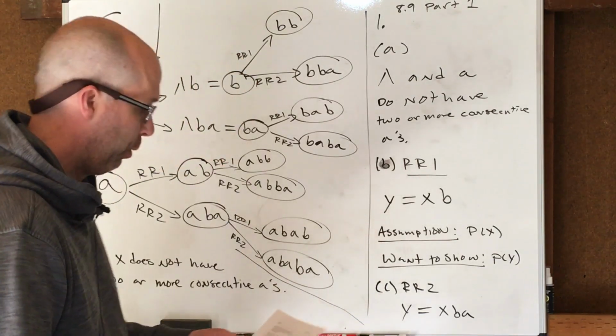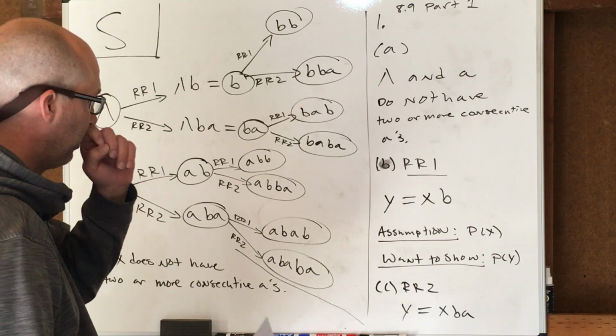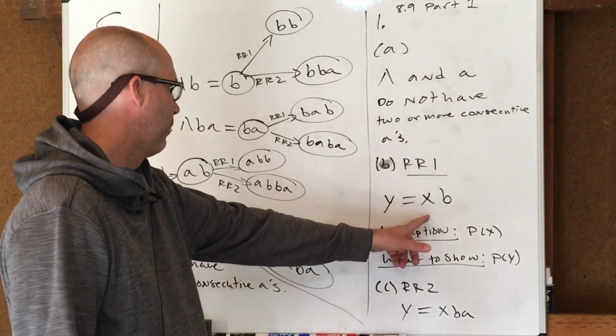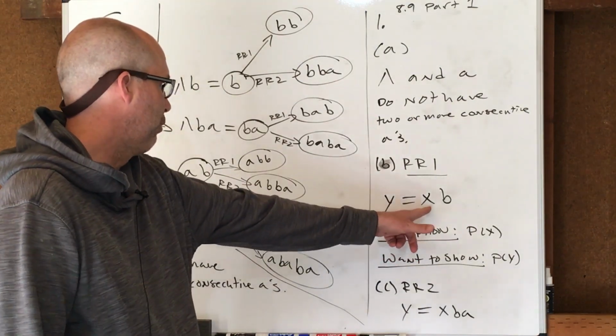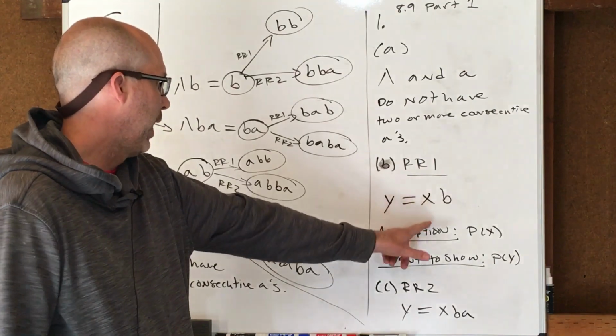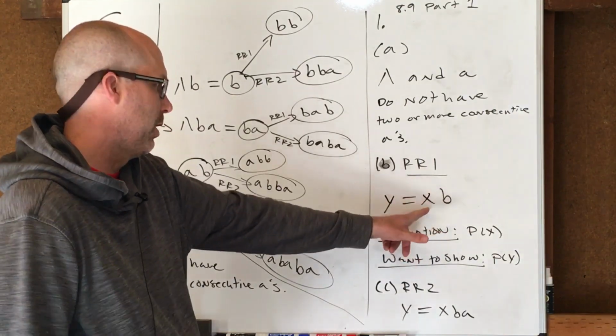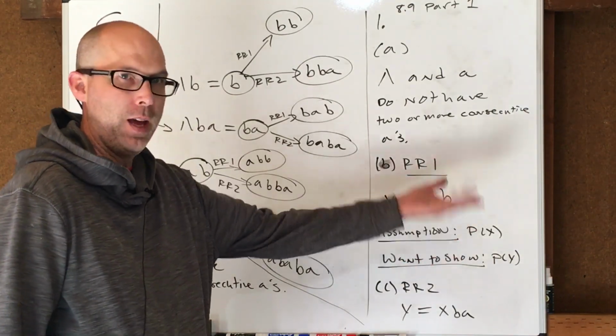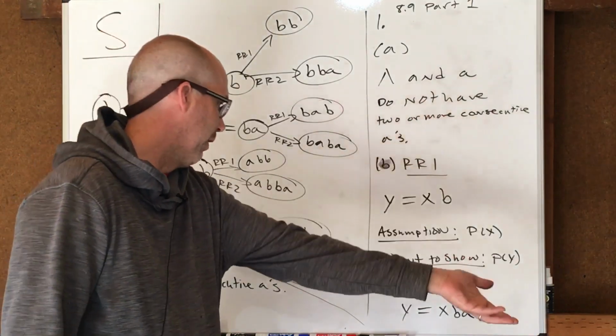But think about how we would actually prove this. If our assumption is that x does not have two or more consecutive a's, then adding a b to the end of something that doesn't have two or more consecutive a's doesn't add any consecutive a's.